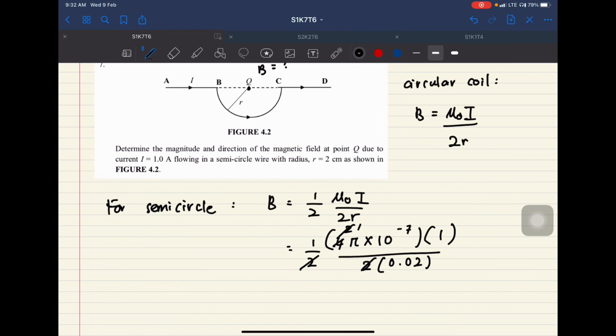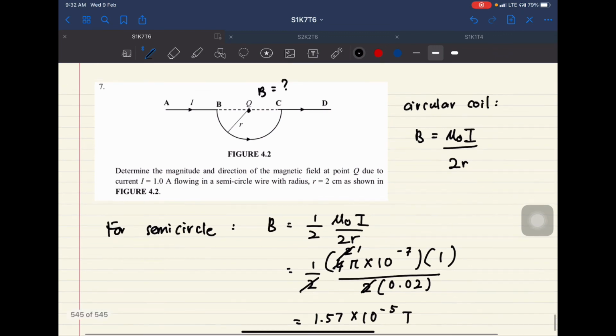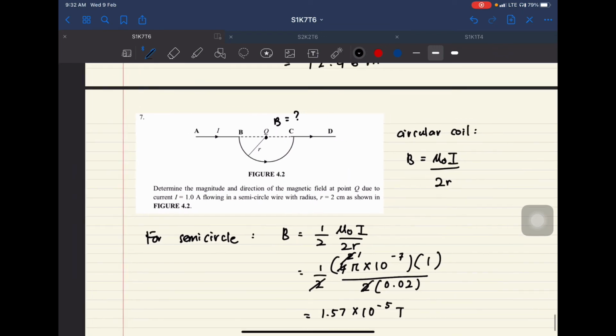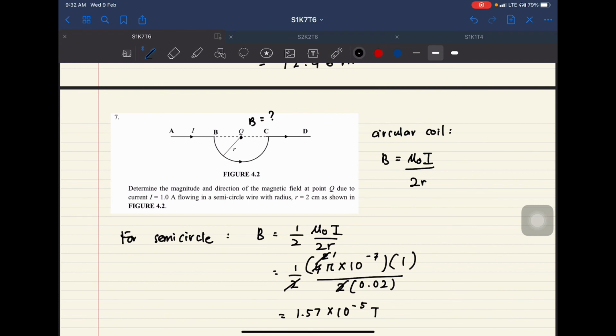Okay, so I got here B equals 1.57 times 10 negative 5 Tesla. And then you have to determine the direction of the magnetic field, because this one is a vector. So put your thumb over here. How to draw? Okay, maybe I can draw it like that.